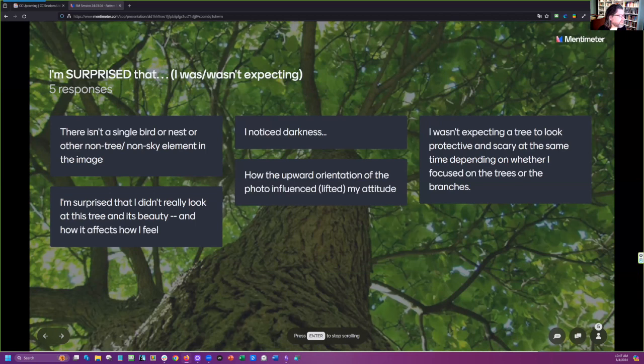Upward orientation. I also just realized I can't tell how far up the tree I am. It could be 60 feet in the air clinging to the trunk, or standing on the ground.